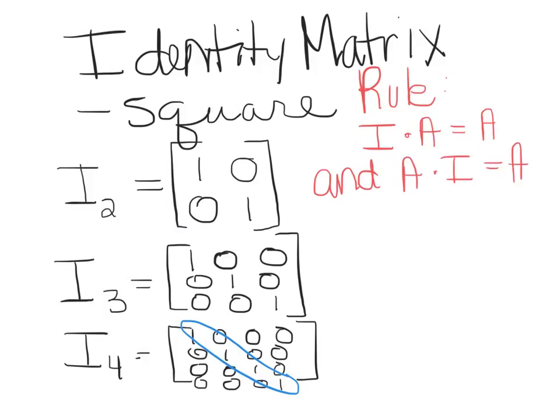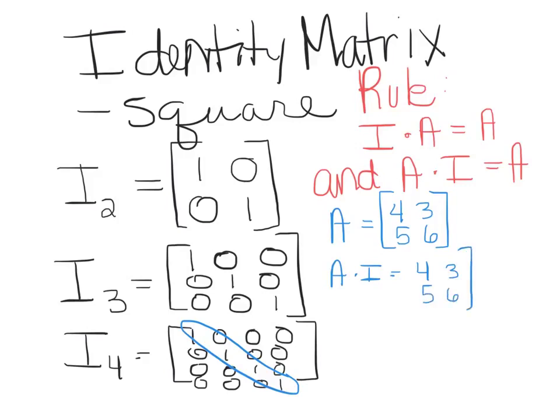So let's make up a matrix A. Let me say A is equal to 4, 3, 5, and 6. Let's see what happens when I multiply it by the identity. So let's do A times I first. That would be 4, 3, 5, 6 times the 2 by 2, 1, 0, 0, 1. Let's see what happens when I multiply those together.